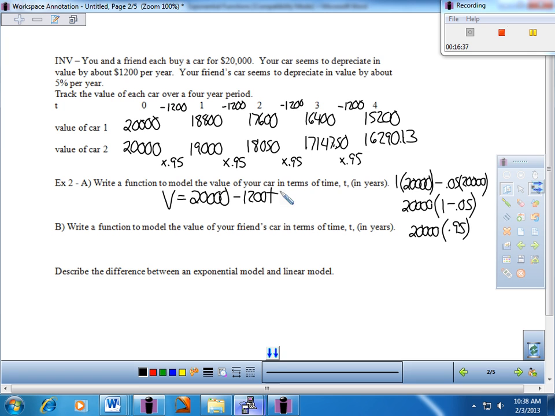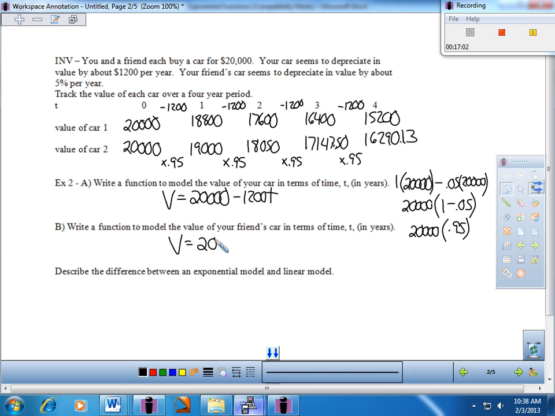So how does that sound? And there's our slope right there, everyone. The rate of change going down by $1,200 per year. So multiply that by the number of years and tack that onto the 20 grand. MX plus B. Beautiful. That should fit right in line with a lot of modeling you've done over your math careers. Now the secondary piece, a little harder.